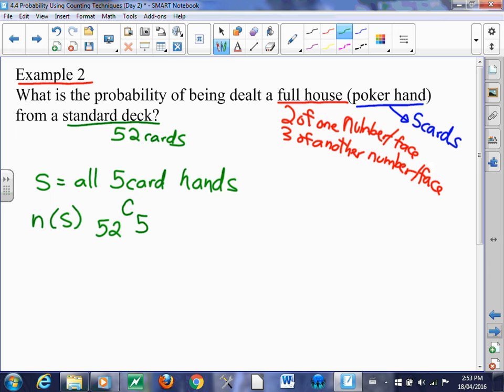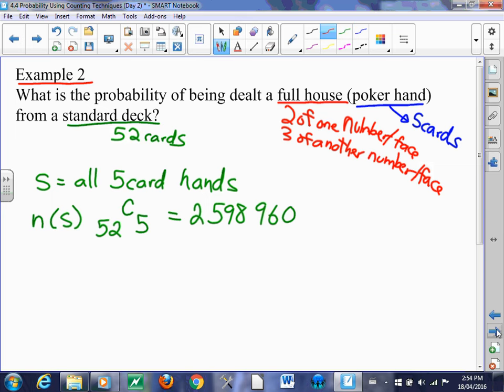It doesn't matter which 5 we choose because order is not important in this case. Plug that in your calculator. We're going to get 2,598,960 ways that you could get 5 cards. People who make a living off of playing poker or whatnot, they know these probabilities. They know their odds. They've got things figured out.